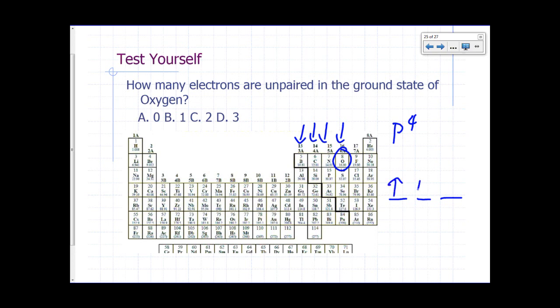The most unpaired electrons would be 2. 3 of them you spread out, up, up, up, and then the 4th one would be spin down, and would pair up with the first one. So you have 2 unpaired electrons in the ground state. Ground state means the lowest possible energy state. So that's 2 unpaired.